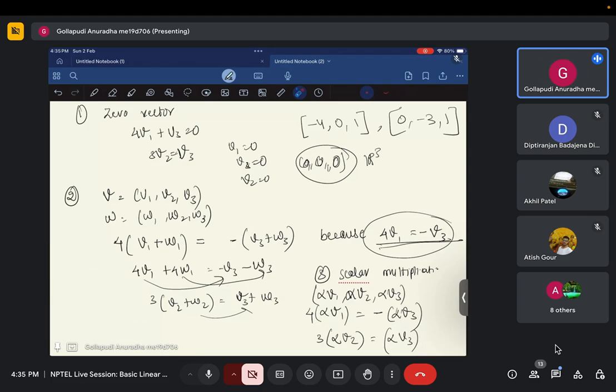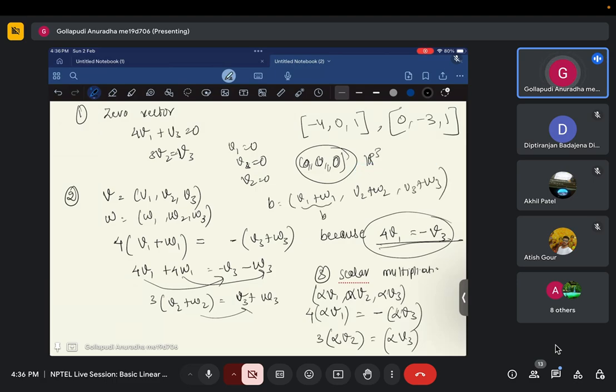Now next, we are just taking arbitrary vectors in the set. Like v1, v2, v3, and w I am taking as w1, w2, w3. The addition also must be in the space. So I'll have some vector b which I am taking as the addition of these two vectors.